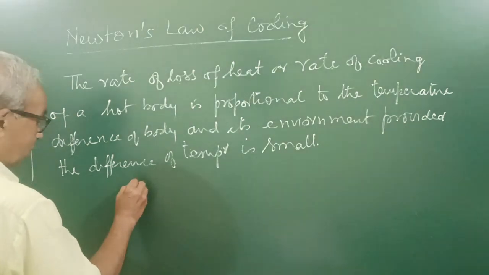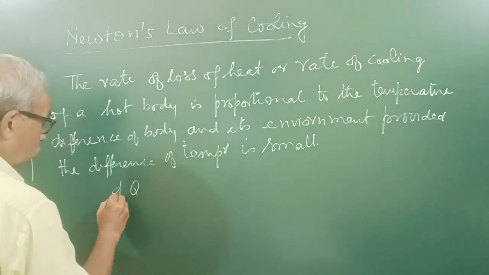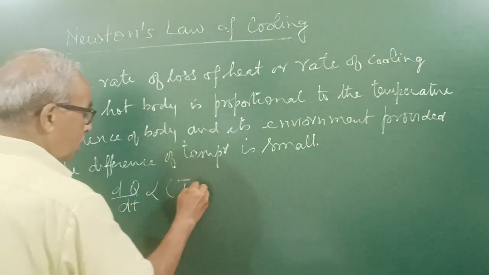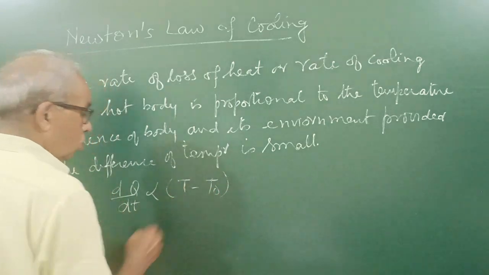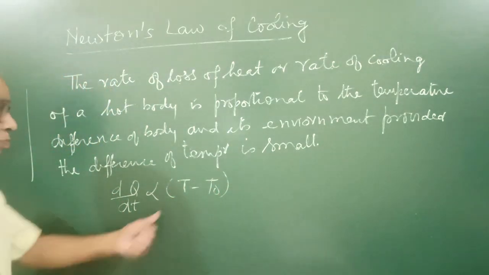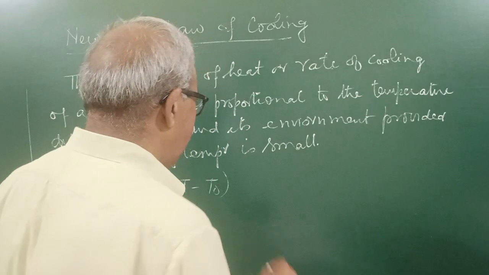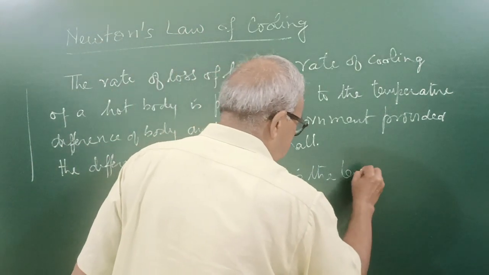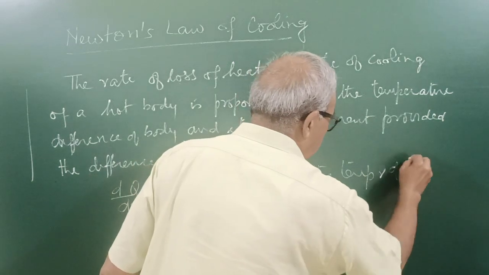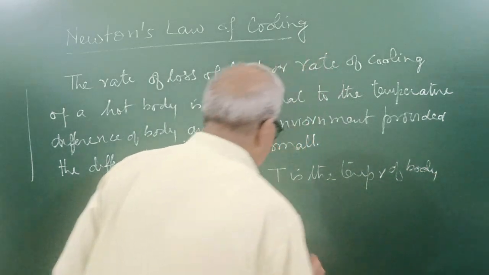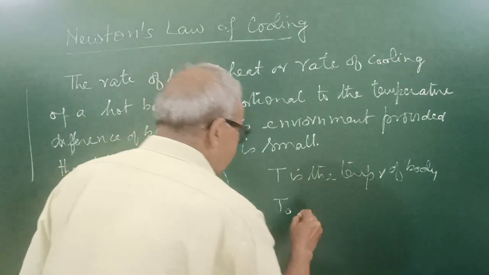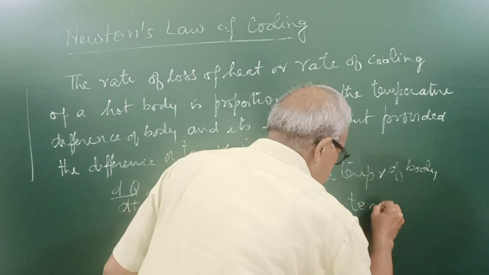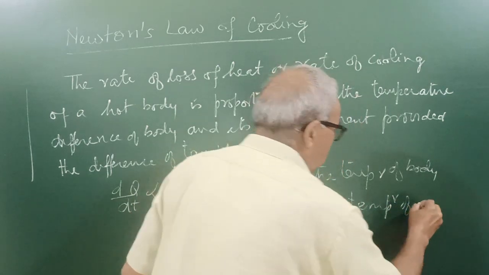That is, we can say mathematically dQ over dt is proportional to T minus T0, where T is the temperature of the body and T0 is the temperature of the environment, the surrounding.